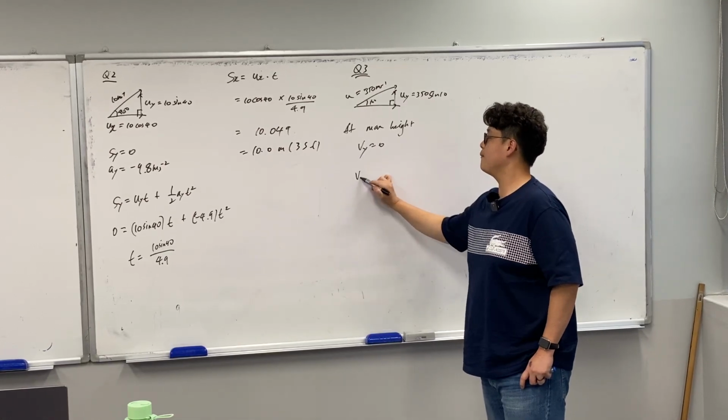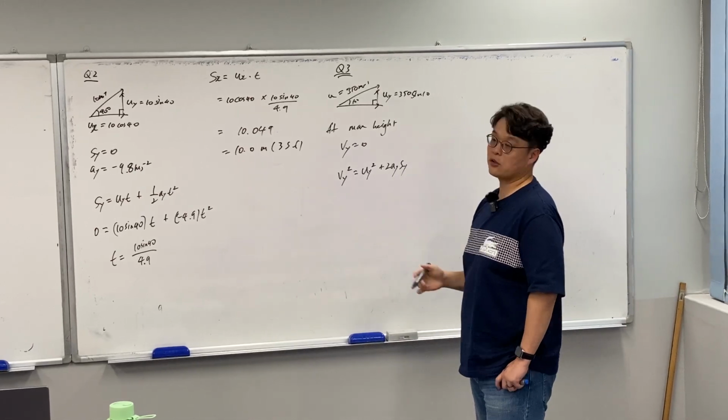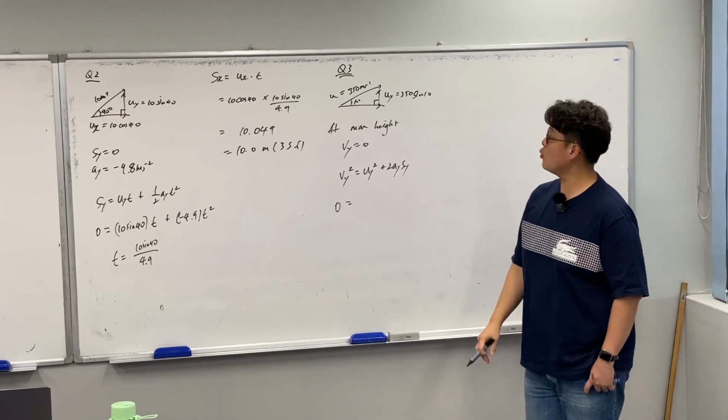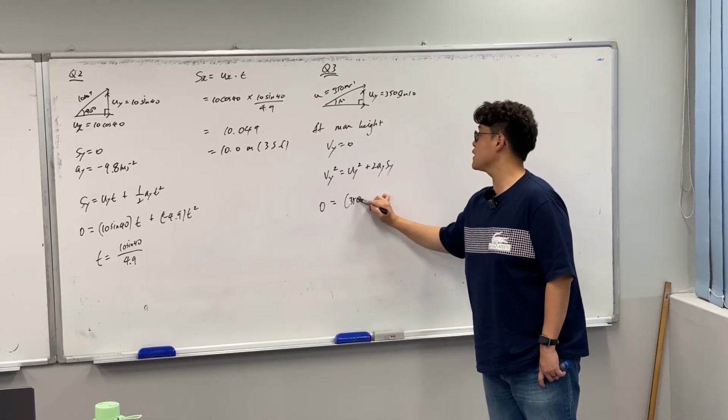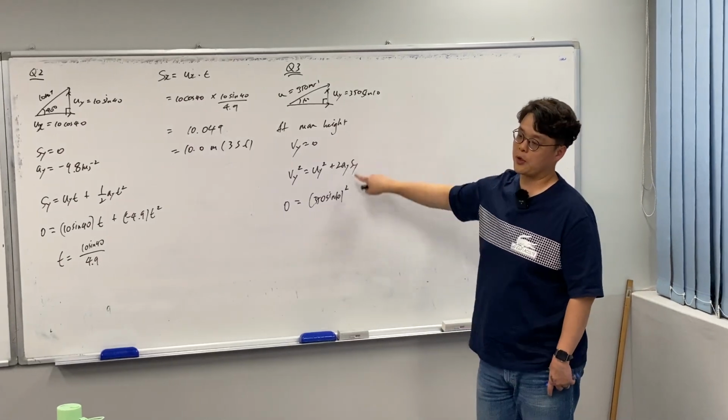Vy squared equals uy squared plus 2 ay sy. What do we know? Vy is 0 at the maximum height. Uy is given as 350 sine 10. That's what I prefer to put in my working out.